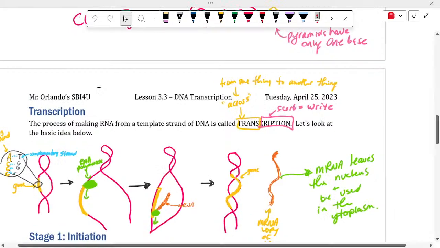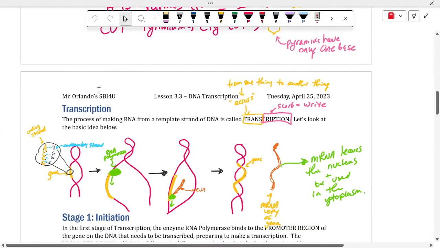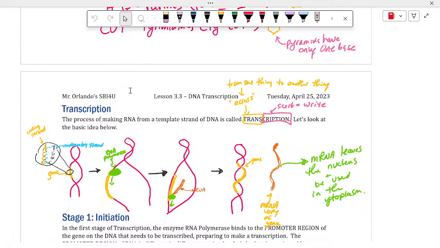So we said transcription at its most basic is this. There'll be a section of the DNA that has a gene, which is to say a segment of the DNA that codes for an amino acid sequence, a polypeptide.